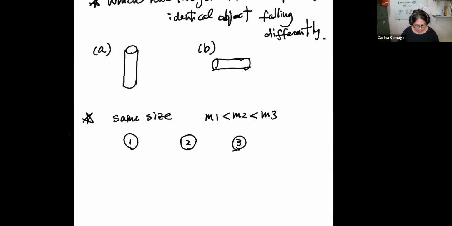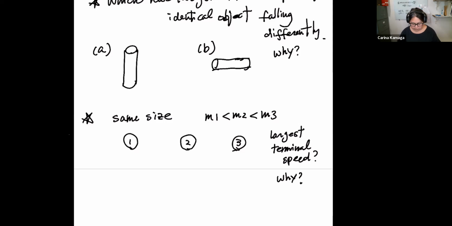Which one has the largest terminal speed? Why? I want you to figure out and explain why there's a different terminal speed, and which one is going to have a bigger terminal speed.